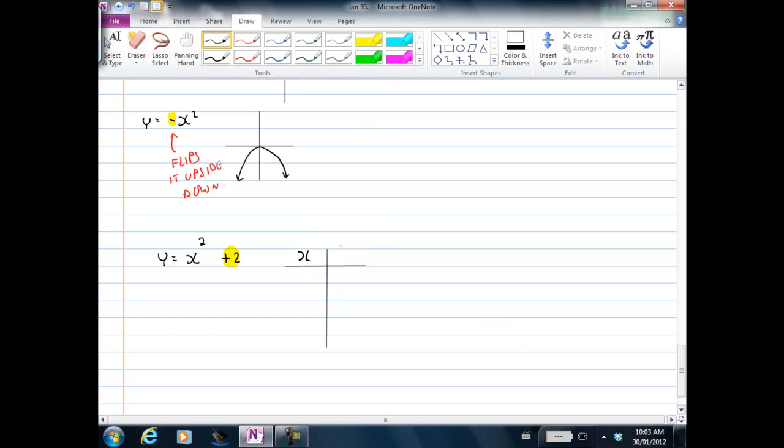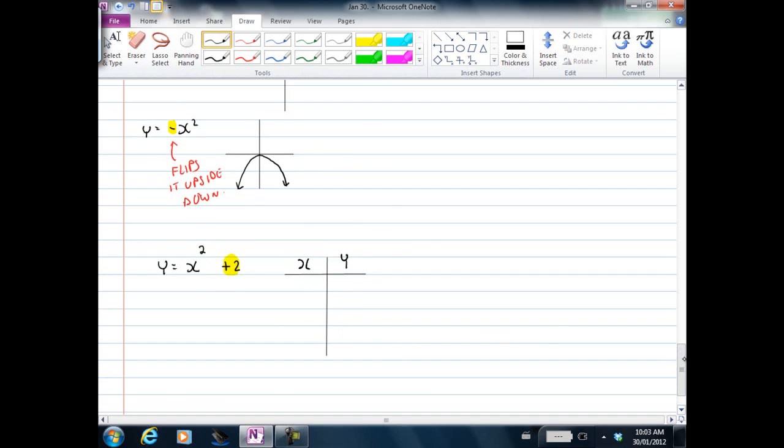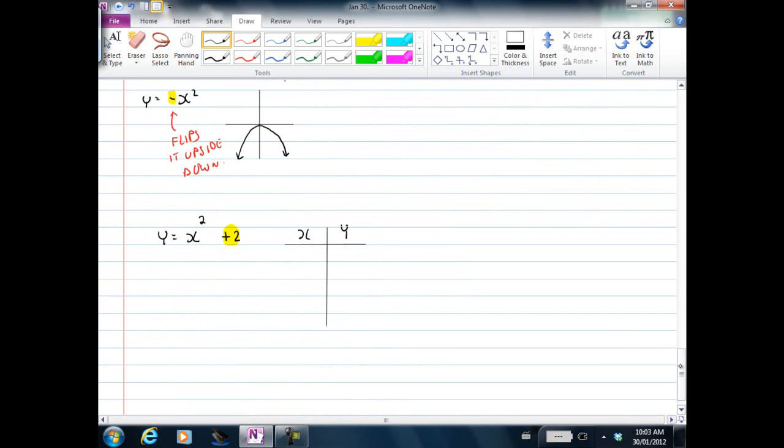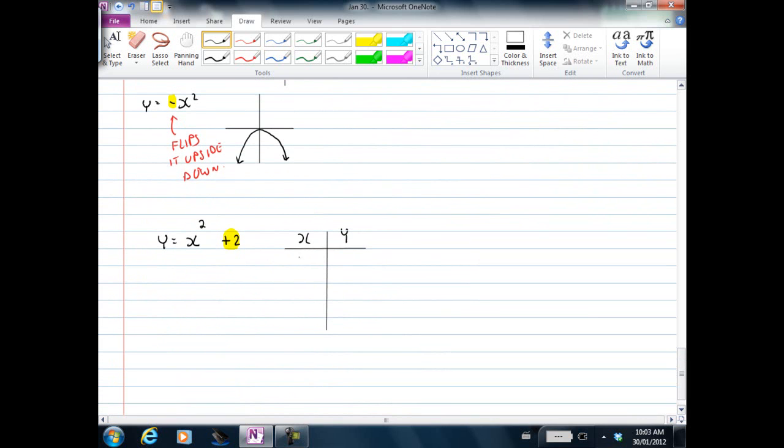X, y. Okay. I'm going to show you my original one. Negative 2, negative 1, 0, 1, 2. For the original one, y equals x squared, you found this to be 4, 1, 0, 1, 4. That's the original.